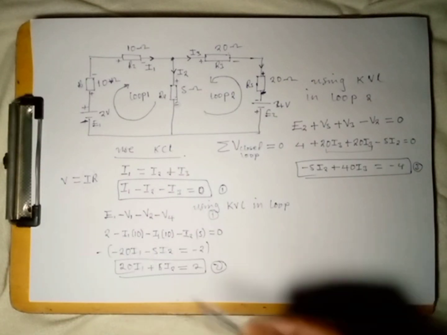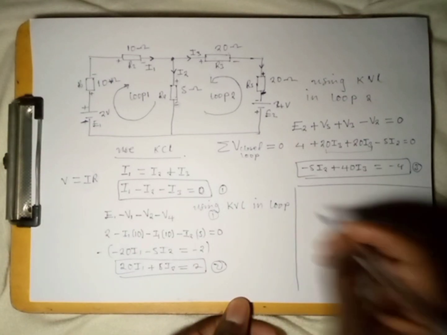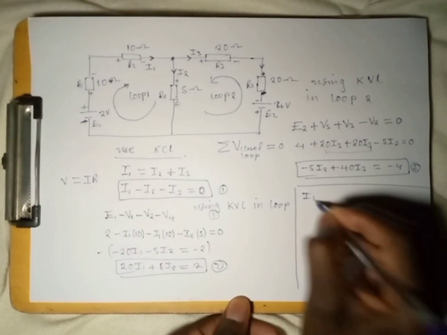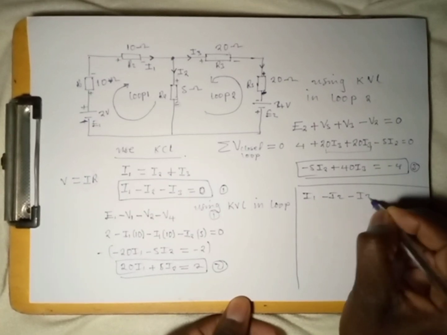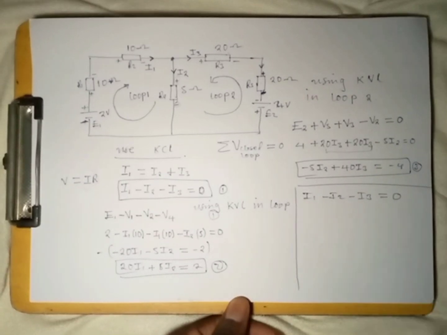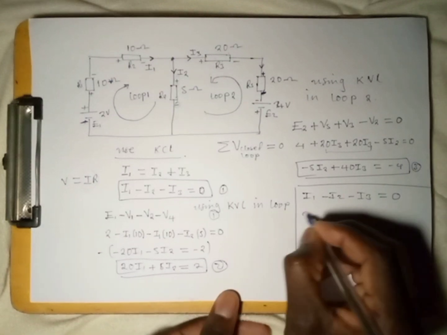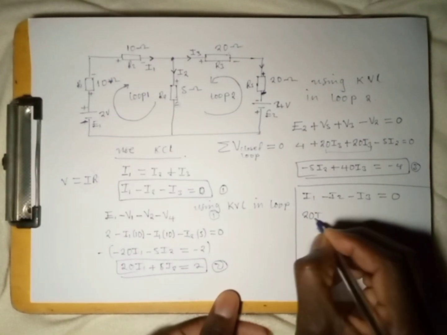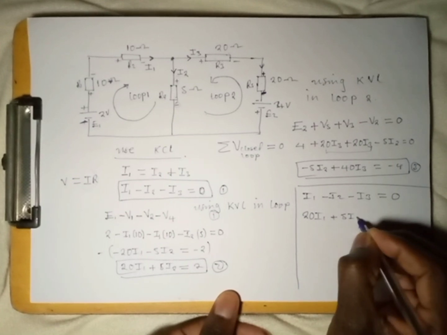So let me try to arrange these same equations. We have I1 minus I2 minus I3 equal to 0 as the first equation. For this one, there is one variable which is missing, and what is that variable? Which is I3. So we have 20 I1 plus 5 I2.